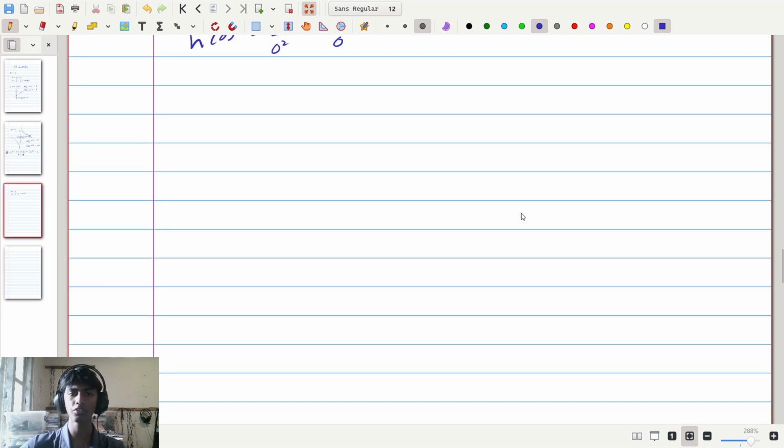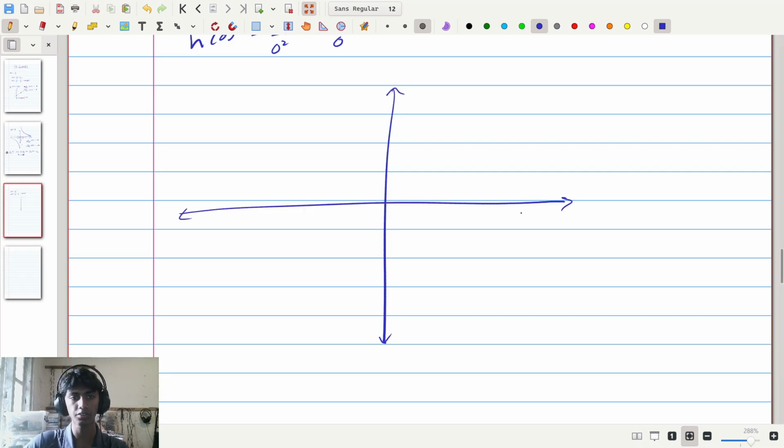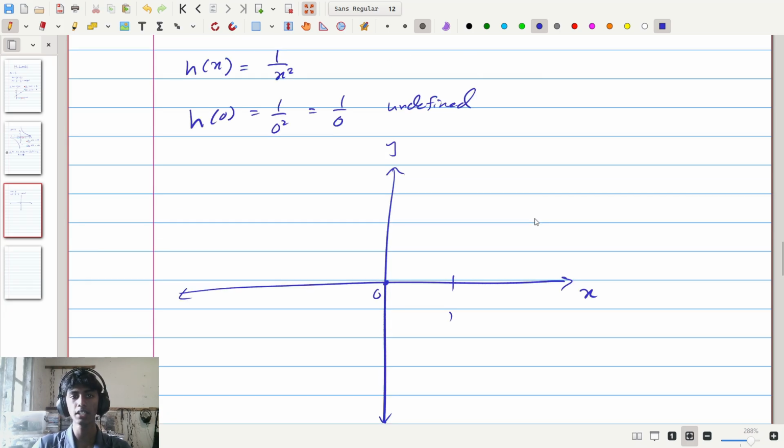However, if we draw this graph, let's draw it real quick and observe the shape of this graph, we can see something like this. Let's draw x here and y here. So again 0 we cannot substitute because h of 0 is undefined. But if we do 1, h of 1 is 1 divided by 1 squared, which is going to be 1.